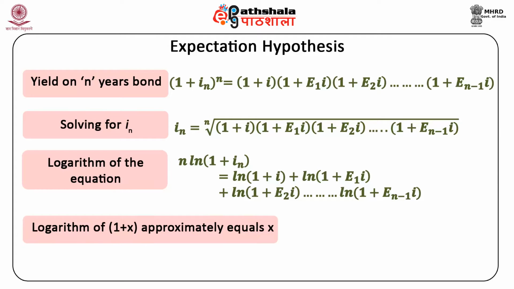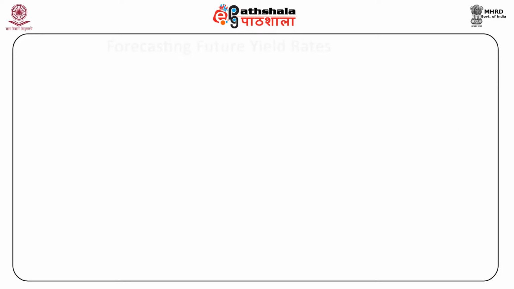Now, since the log of 1 plus x approximately equals x when x is small, we can write that In is approximately equal to I plus E1I plus E2I plus so on up to En minus 1 I, divided by n.